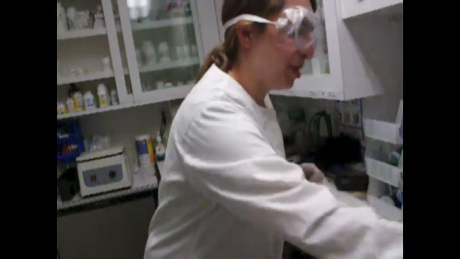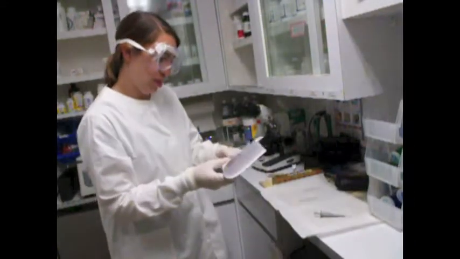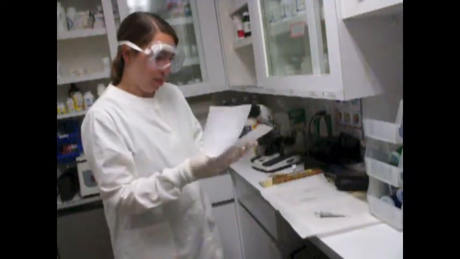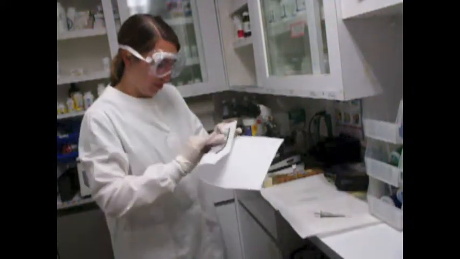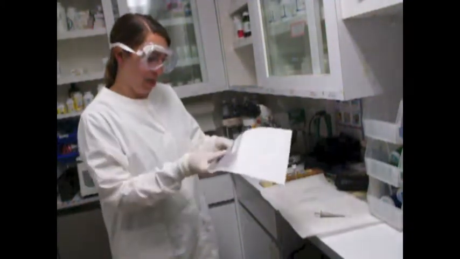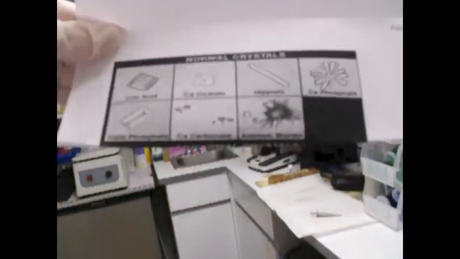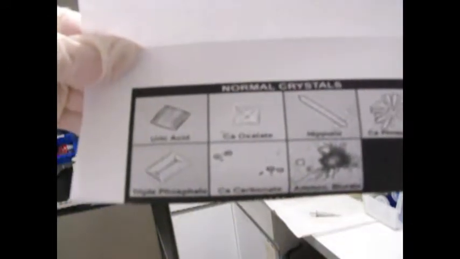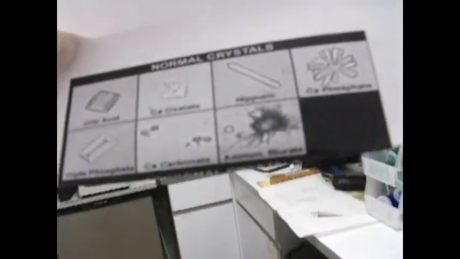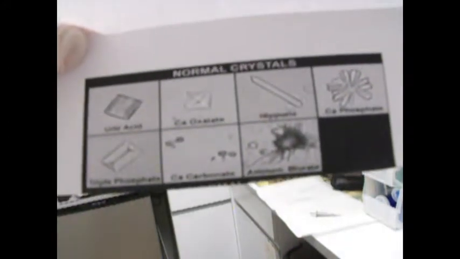Before I begin looking, I'm just going to show my brief little diagram here. There are normal and abnormal crystals. These are some normal ones: uric acid, calcium oxalate, hippuric, calcium phosphate, triple phosphate, calcium carbonate, ammonium biurate. These are all what I would be looking for under the microscope.